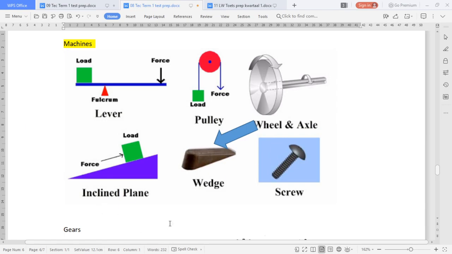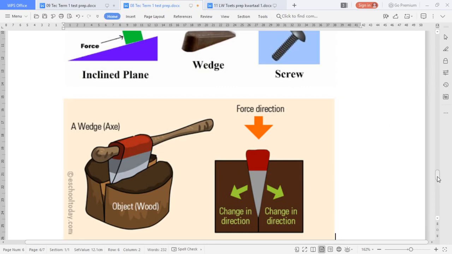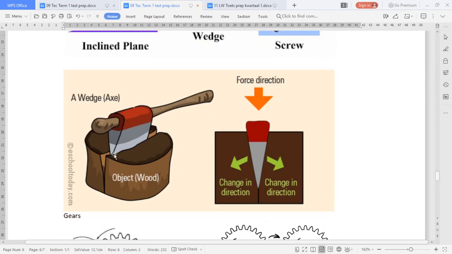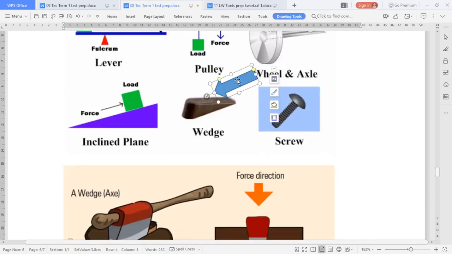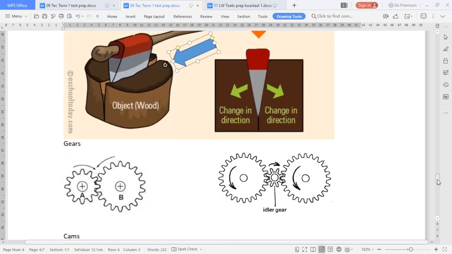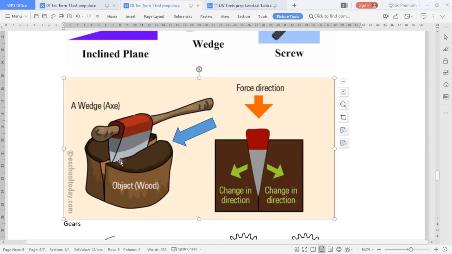Let's see if we can put a picture here. There we go. So this is a wedge. The axe is a wedge here. We are putting the wedge in between the two pieces of wood, and there's force coming down from the bottom, and it splits the wood in two.